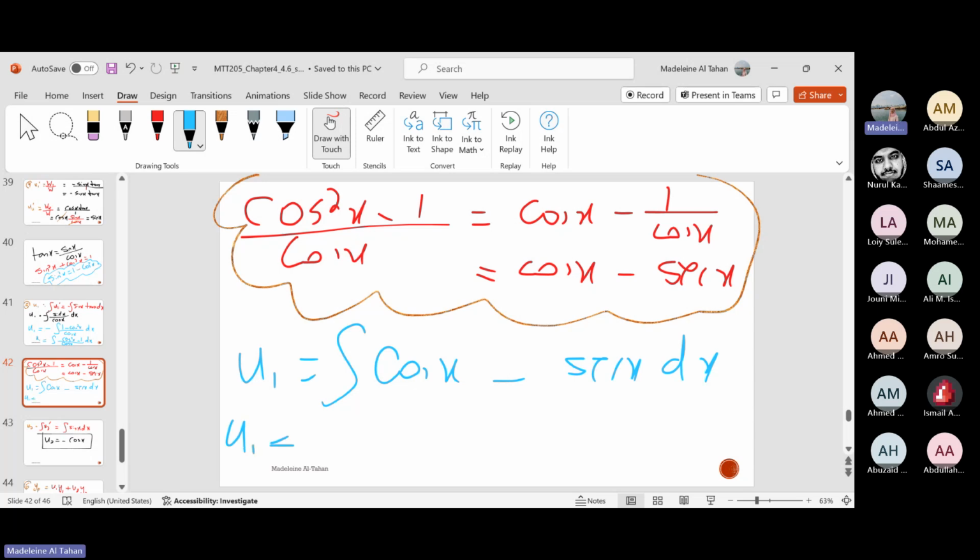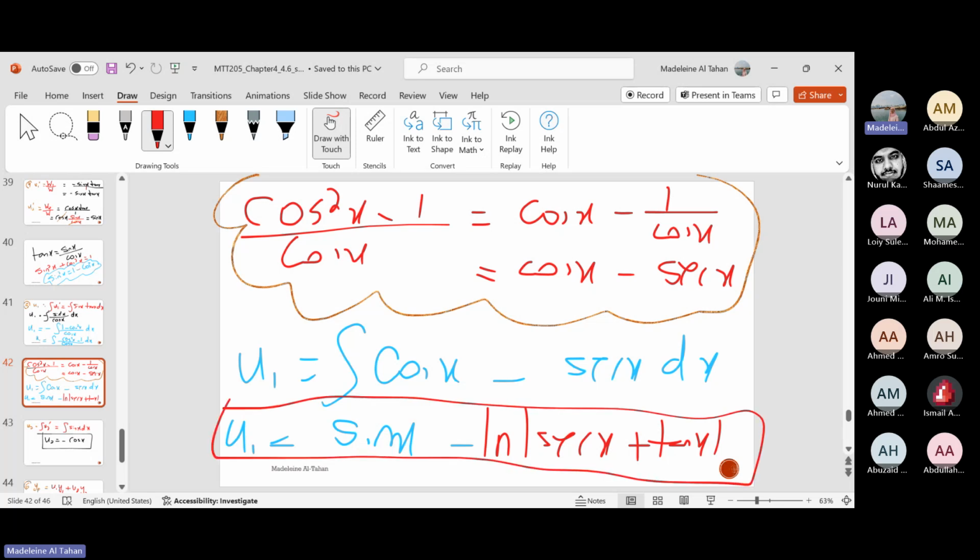What's the integral of cosine x? Sine x. And this one from the table of integration, it's ln of secant x plus tangent x. If you don't have it on the table of integration, please add it. Or I can write it here for you.